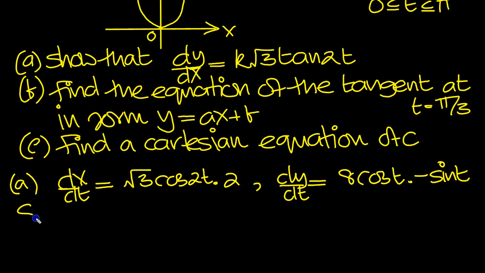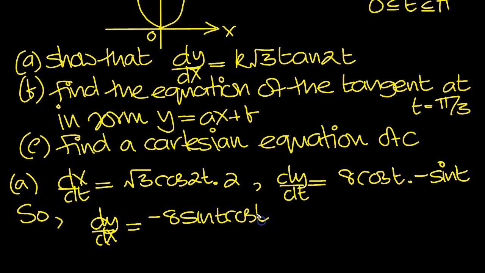So dy/dx then is equal to dy/dt divided by dx/dt. So it's 8 with a minus sine t cos t, over 2 root 3 cosine 2t. Take the 2 away from that, minus 4.